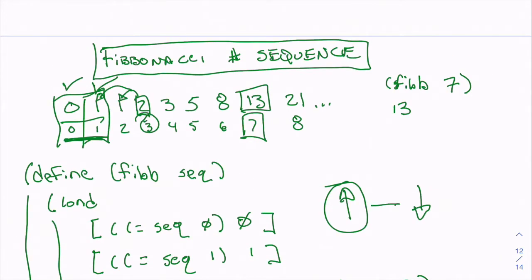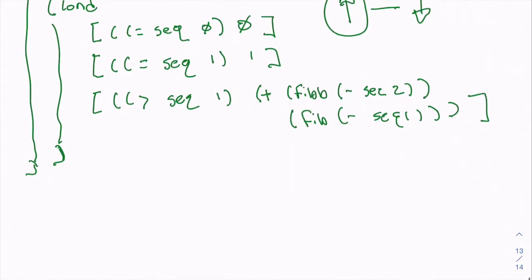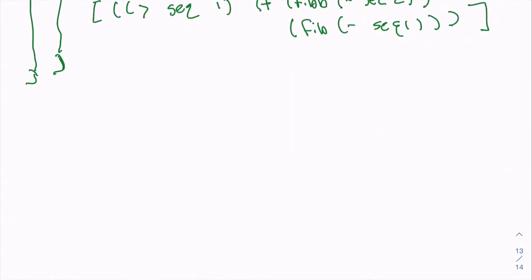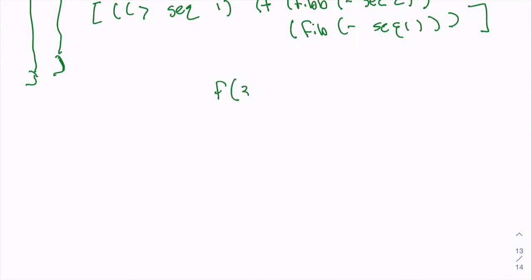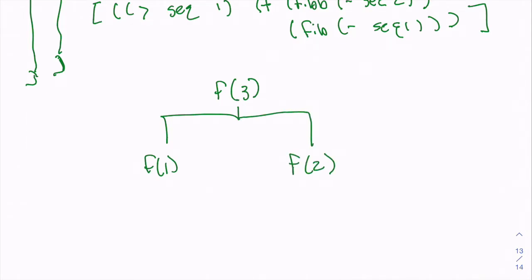That's going to be the value of 2, but there's a bit of work that's involved in calculating that, right? So I'm going to say f of 3. Okay, so f of 3 is f of 1, 2 sequence numbers back, and f of 2. F of 1, that's a base case. That's just going to be 0. And f of 2, plus f of 2.